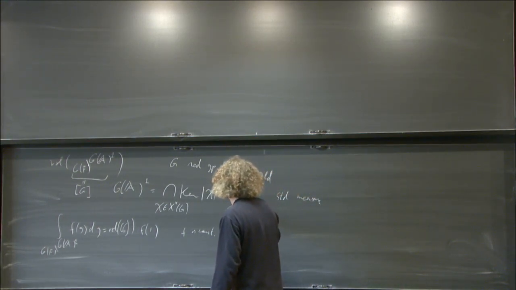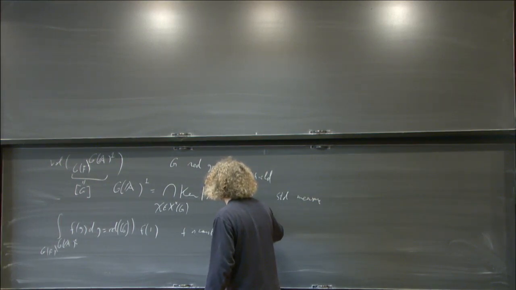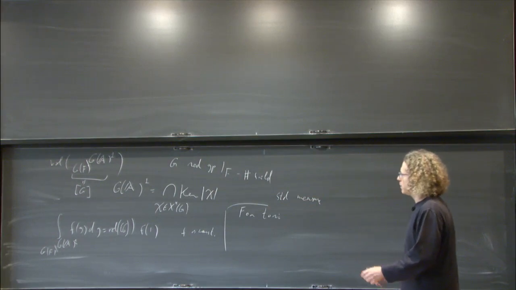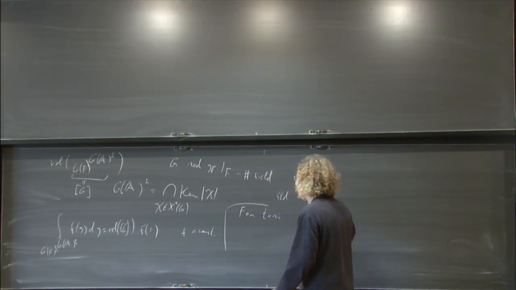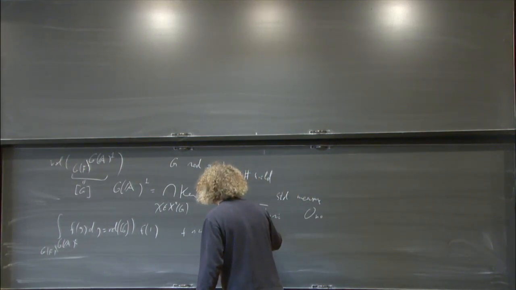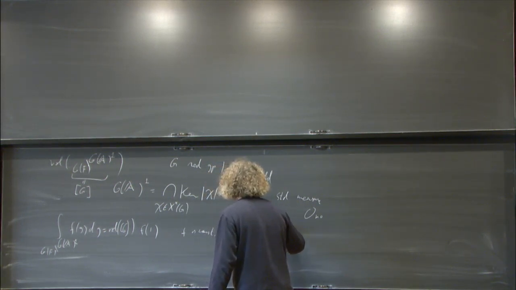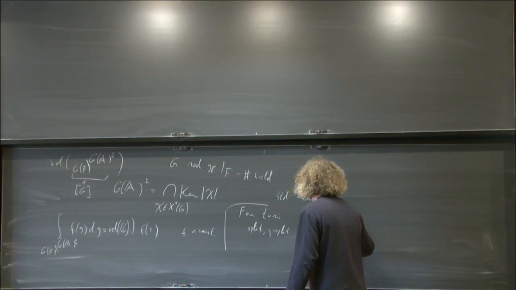But as you all know, already for tori, this is a non-trivial computation done by Ono, and then for split or quasi-split, it was done by Langlands.